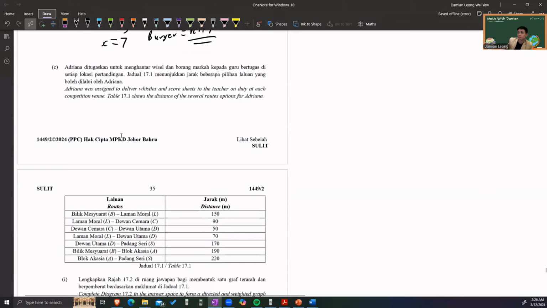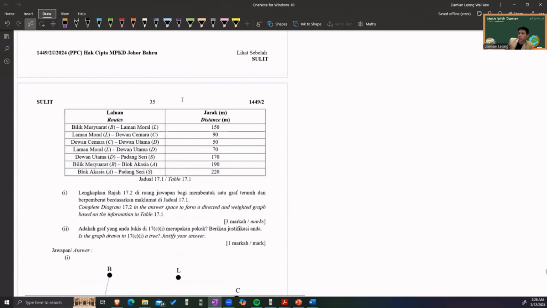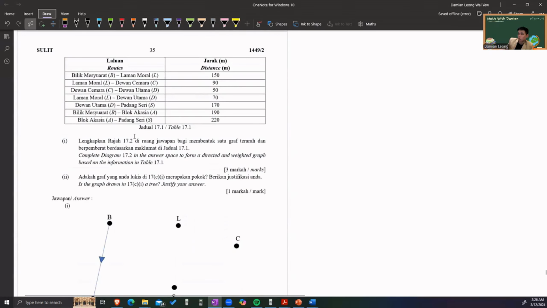Part C. Adriana was assigned to deliver whistles and score sheets. Sorry, here shows the distance of the several route options. So complete the diagram here to form the directed and weighted graph based on the information given.